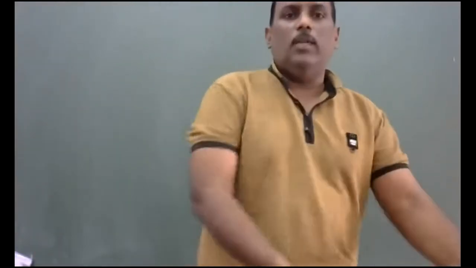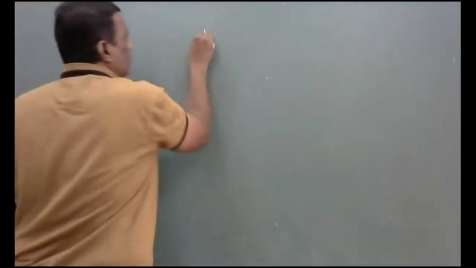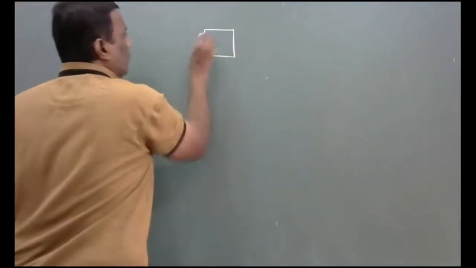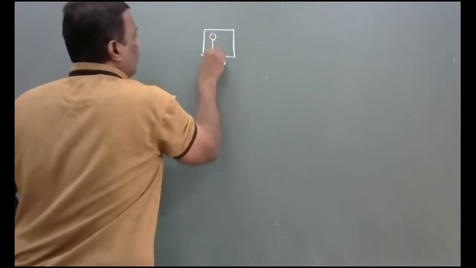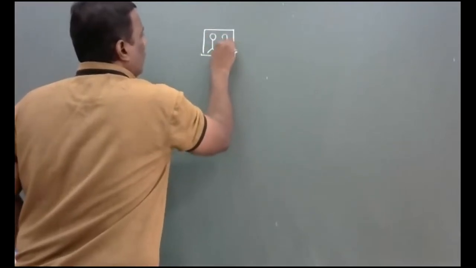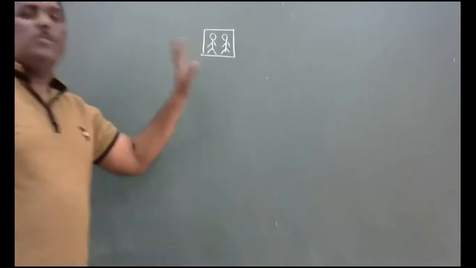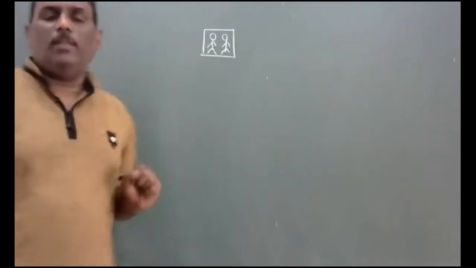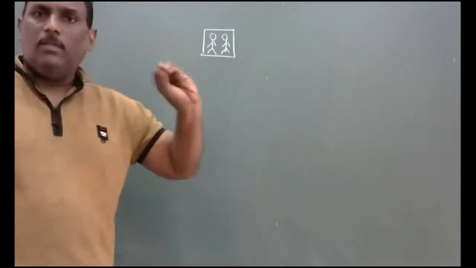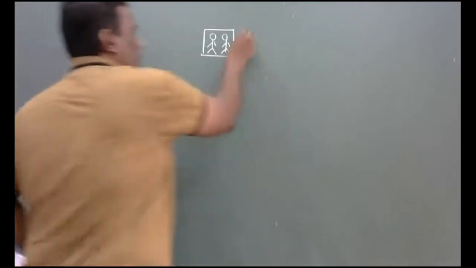Today, what are we going to learn? Just look here. In this box, two students are there. Two symbols indicate two students.